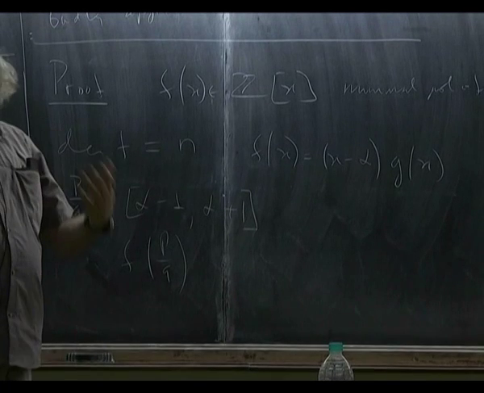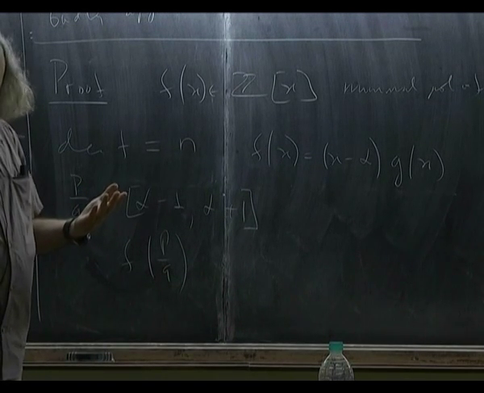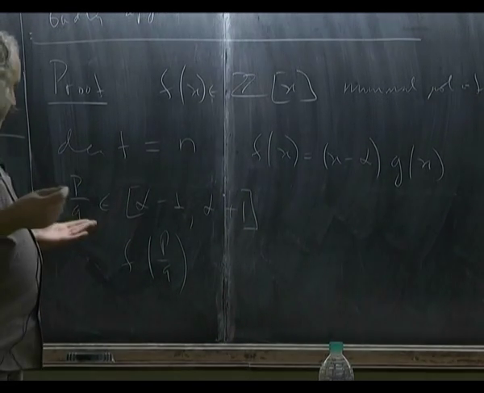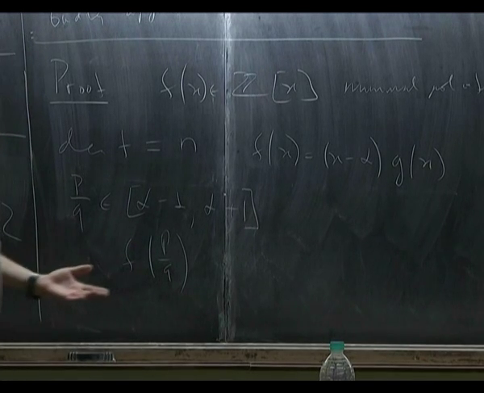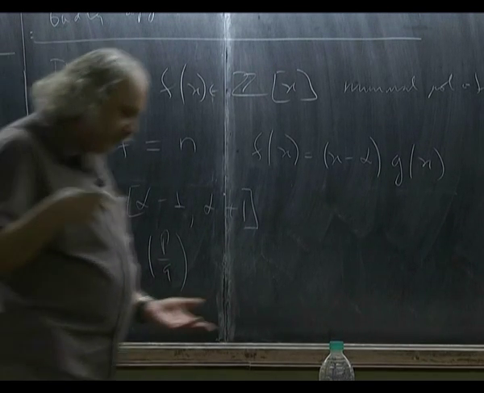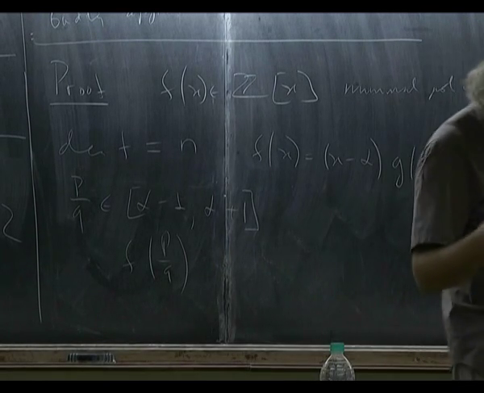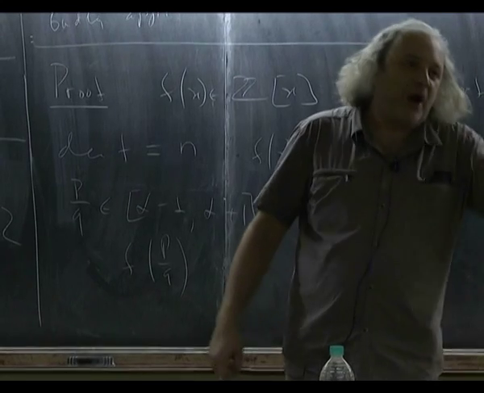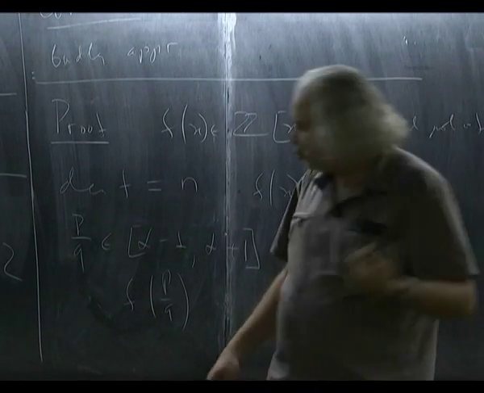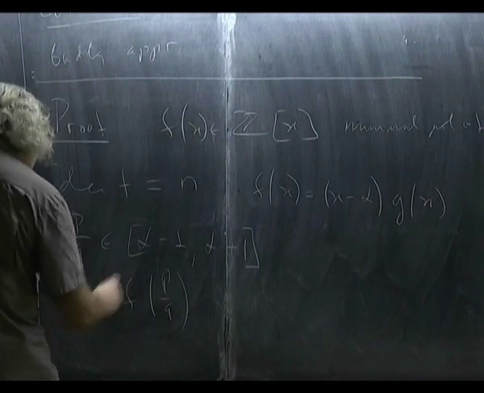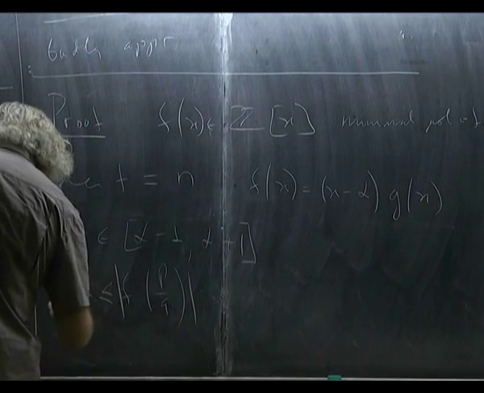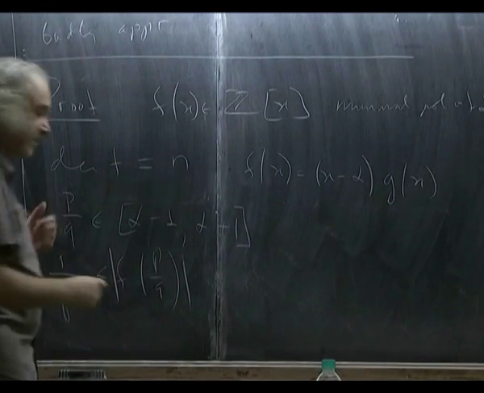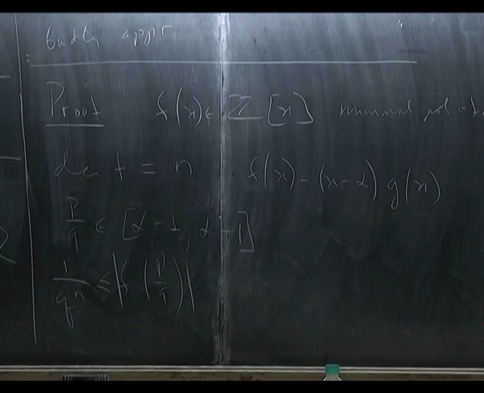And now, by the main theorem of number theory that I stated last time, it is a rational number, and its denominator is at most q to the power n, and numerator is at least 1, right? So it is at least 1 over q to the n. That is the lower estimate.